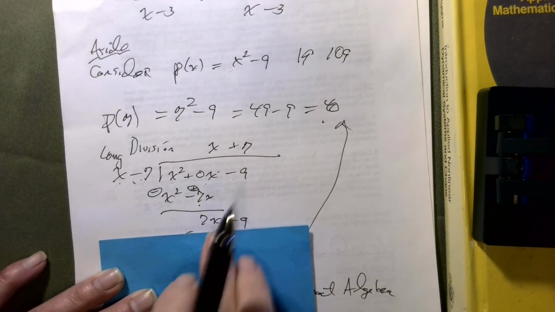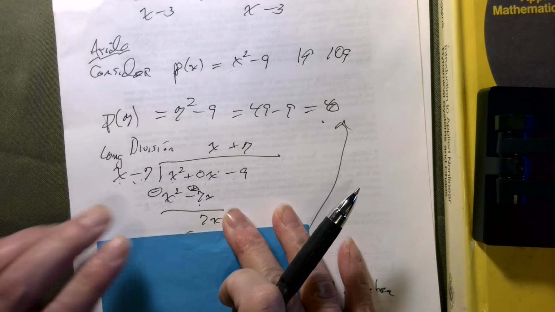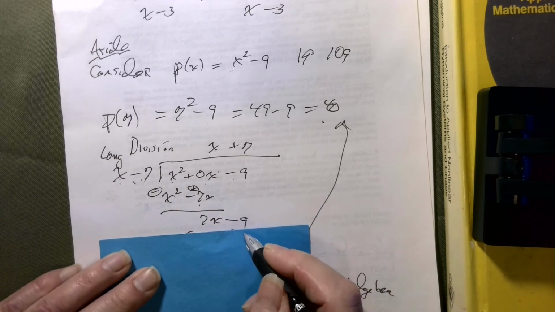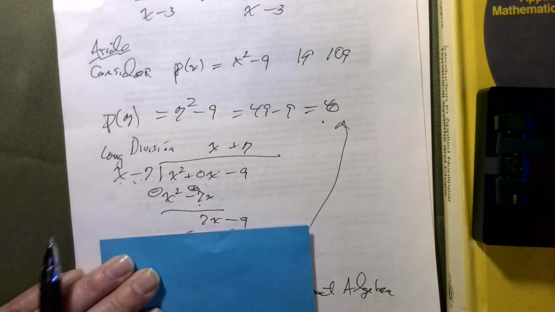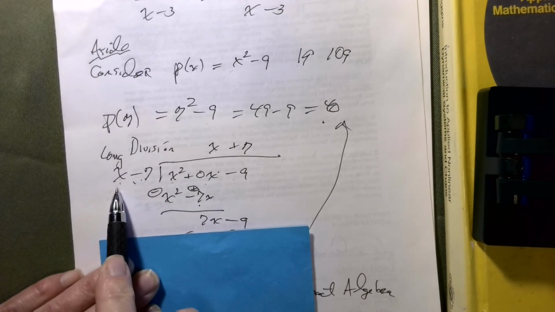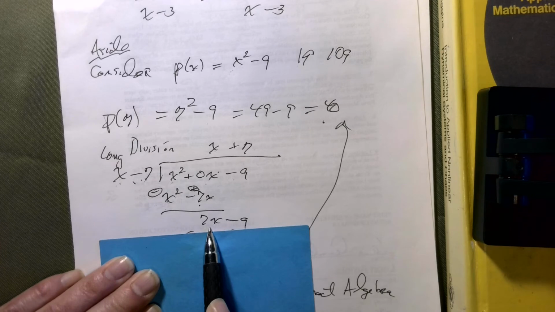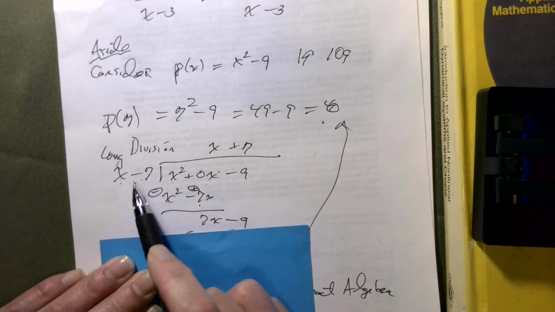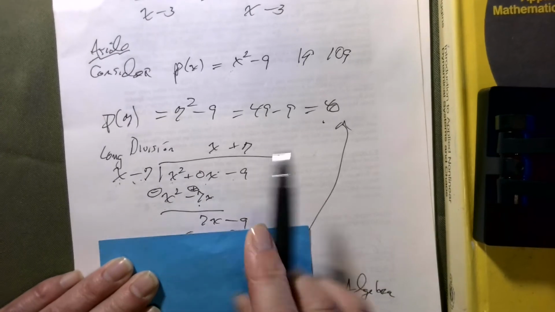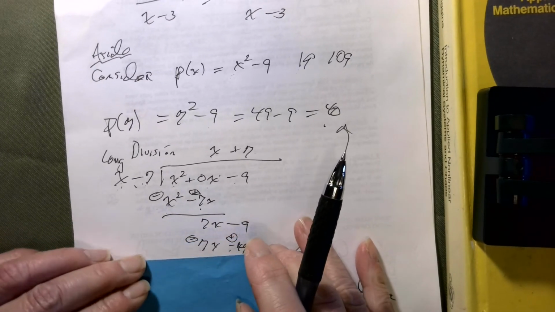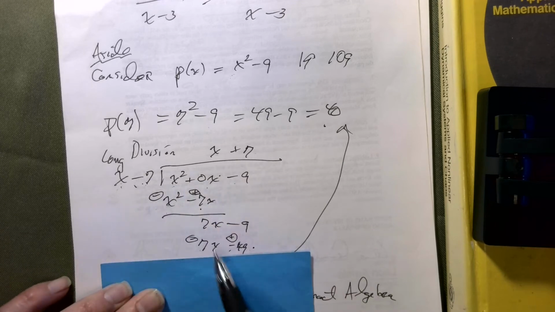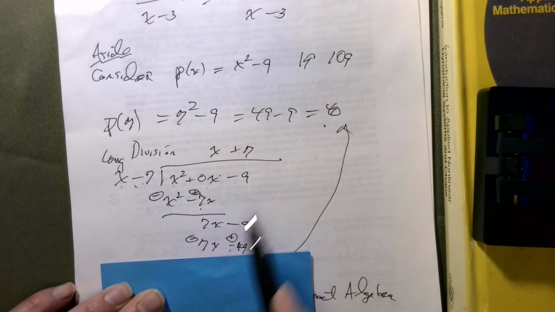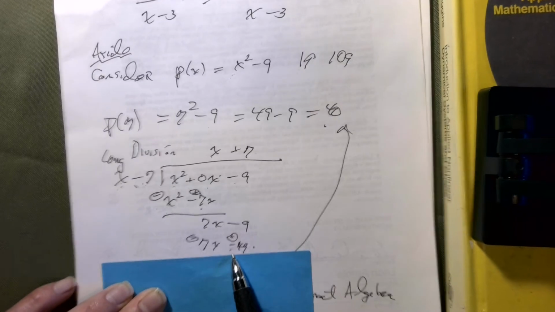Okay, so now I only have a 1-digit number, and I have a 2-digit number up here. So I bring down the 9. I ask myself the question, what do I have to multiply x by to get me a 7x? A 7. So I'm going to take 7 times this, 7 times this, and I'm going to subtract. So 7 times x is 7x. 7 times negative 7 is negative 49. Now we subtract.